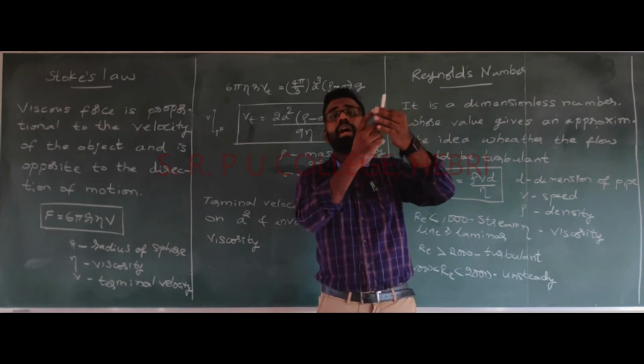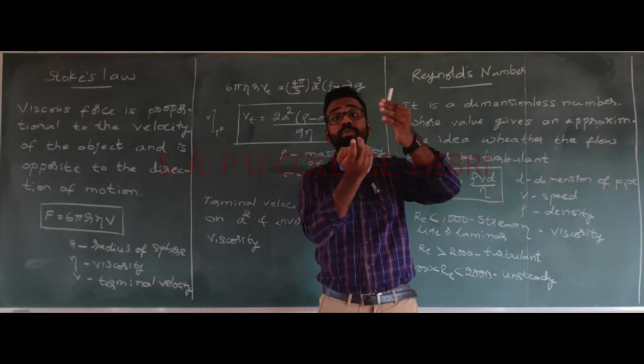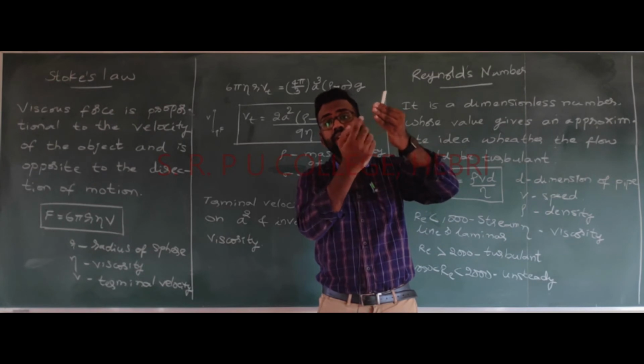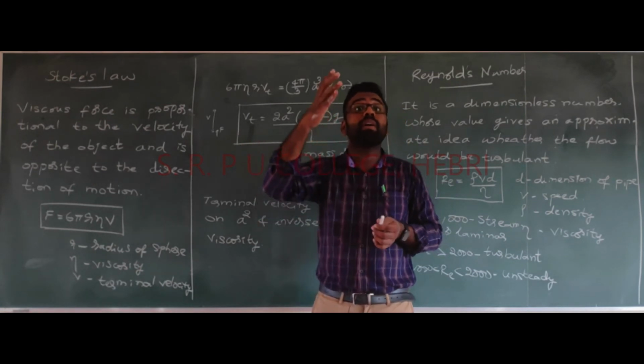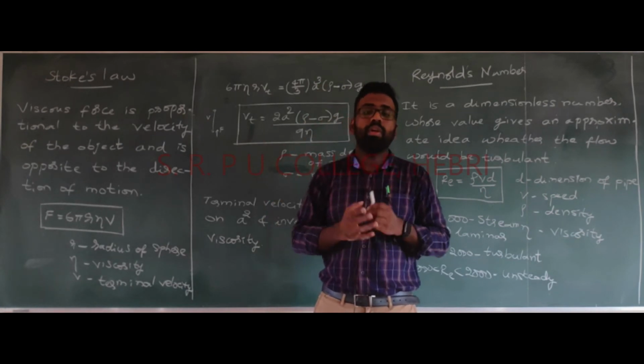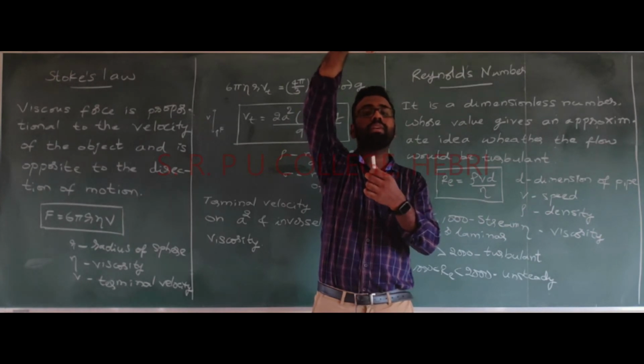Buoyancy force is the force between the solid surface and the liquid surface. Similarly, what is viscous force? It is the force between the layers of the fluid. So these two forces act upward and gravity acts downward.